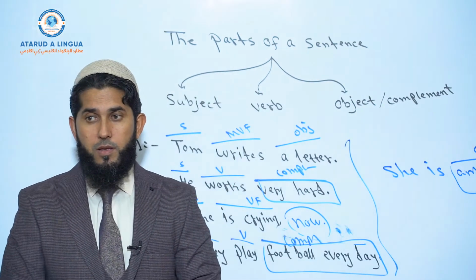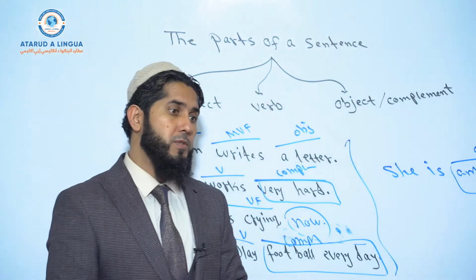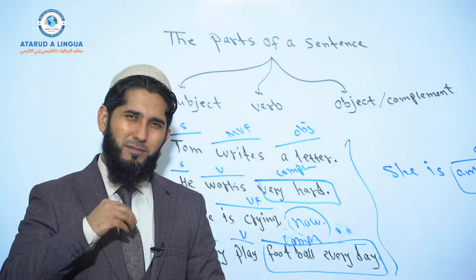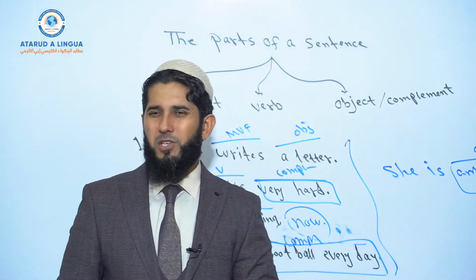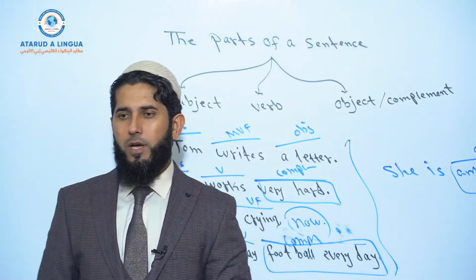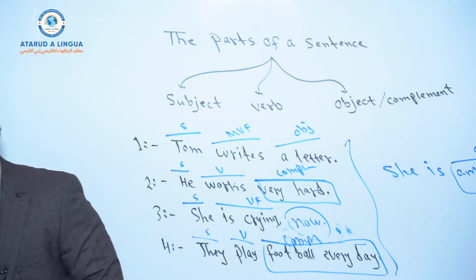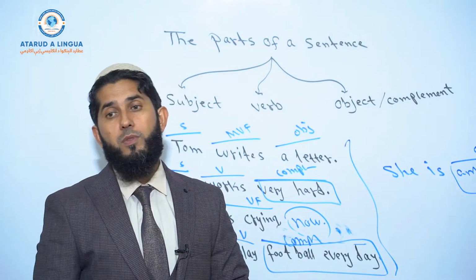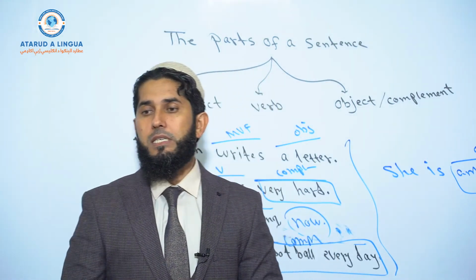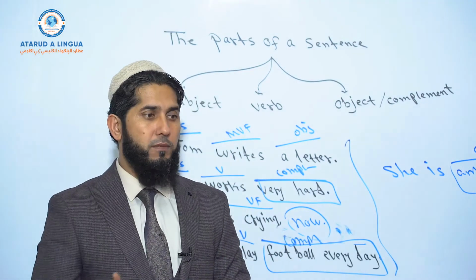Because if you say he drinks and you do not mention any object, then in spoken English it means that person is alcoholic. That person drinks alcohol. But if that's not the purpose, then you must mention something. He drinks water, he drinks tea, he drinks coffee. So the verb drink is transitive, it needs an object.